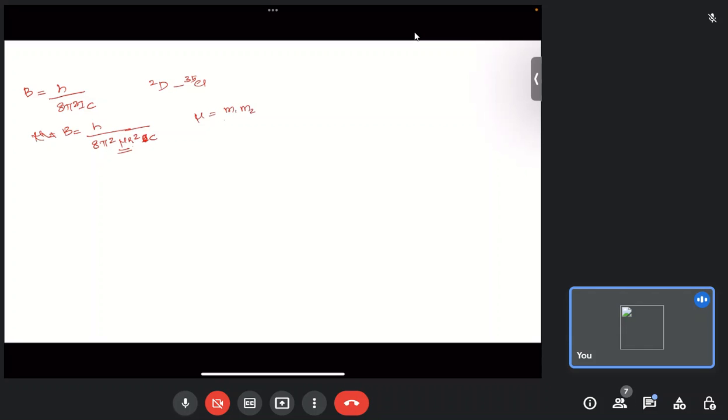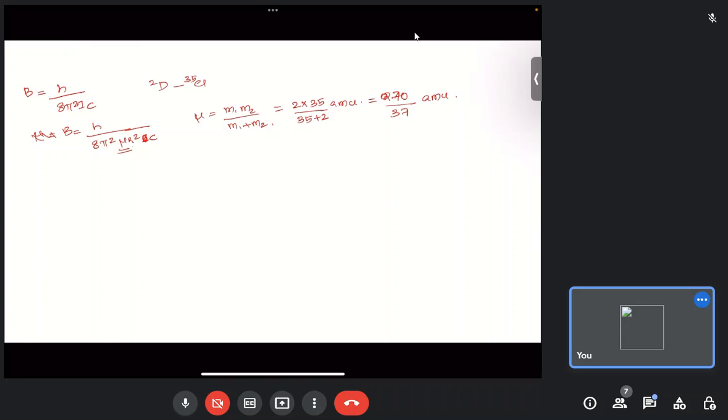as m1 m2 divided by m1 plus m2. So this is going to be 2 into 35 divided by 35 plus 2 AMU. So this is going to be 35 into 2, which is 70, divided by 37 AMU.